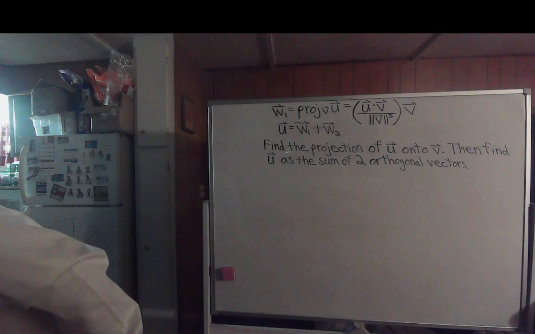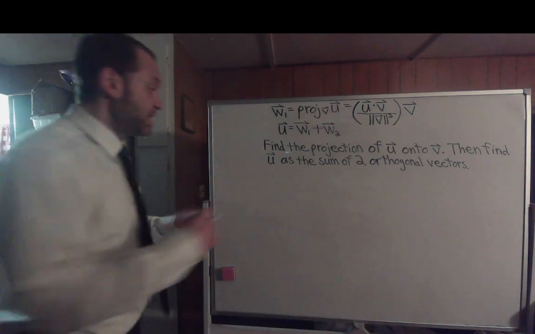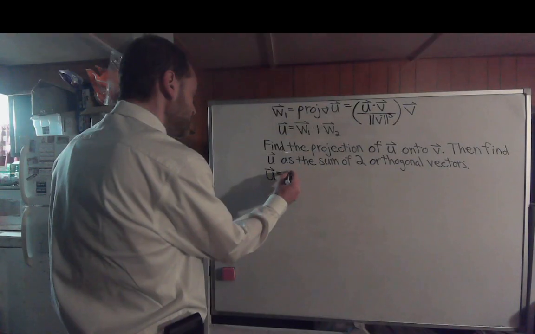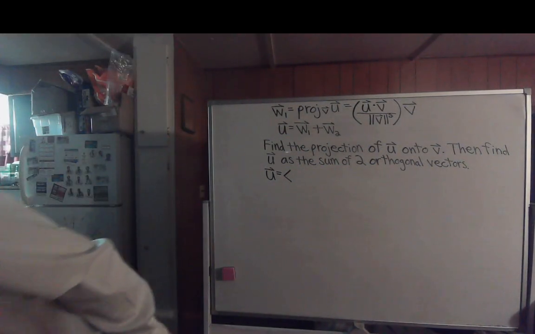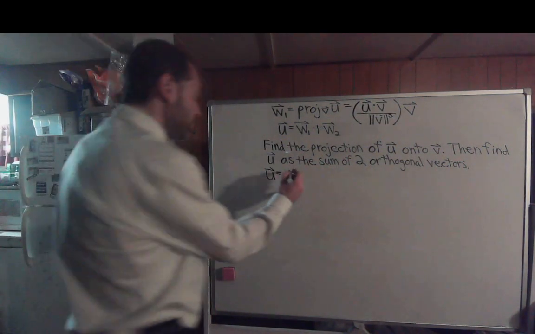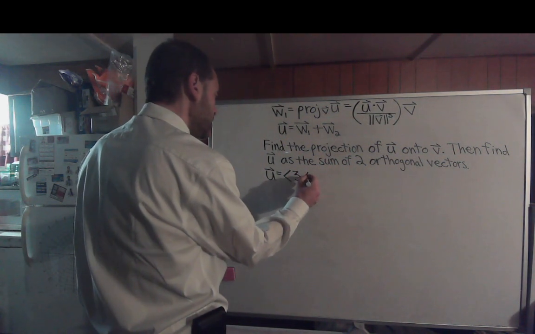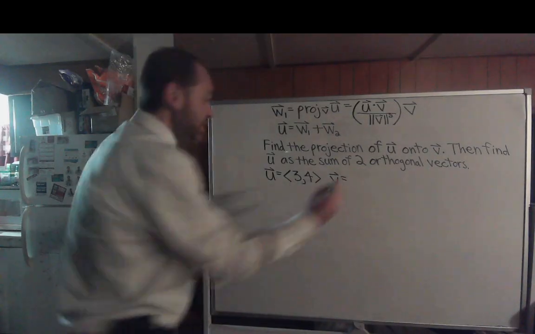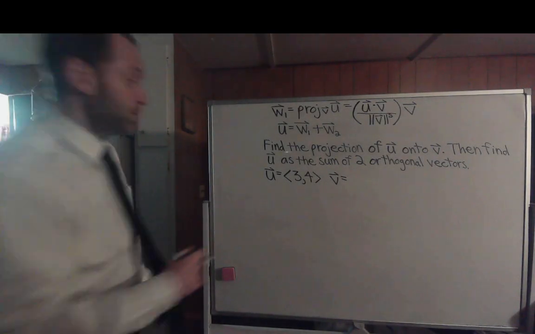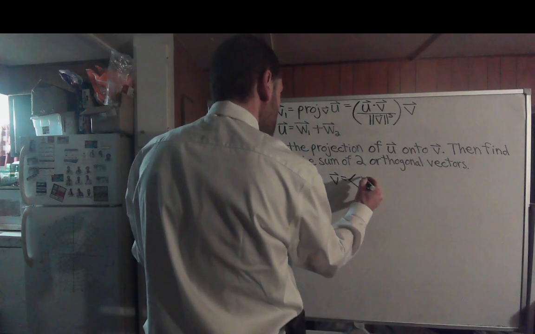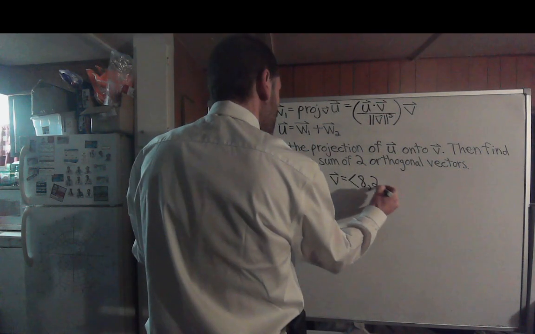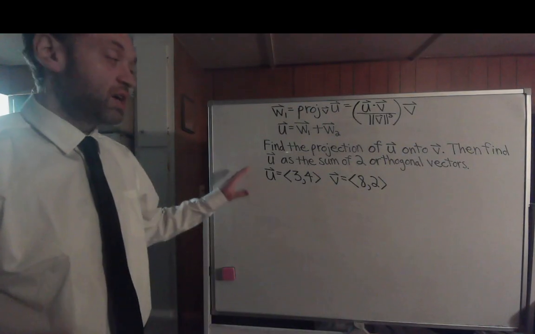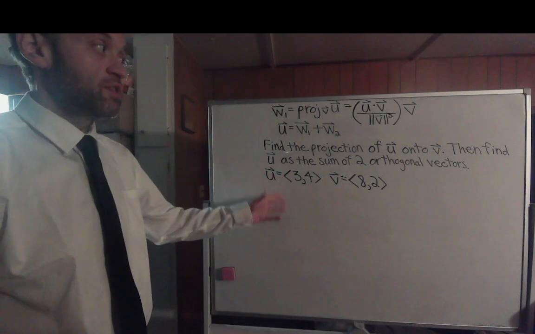So we're given that in this case vector u is equal to 3, 4, and vector v is going to be equal to 8, 2. Alright, well, we can't begin to find u as the sum of two orthogonal vectors without finding the projection of vector u onto v.